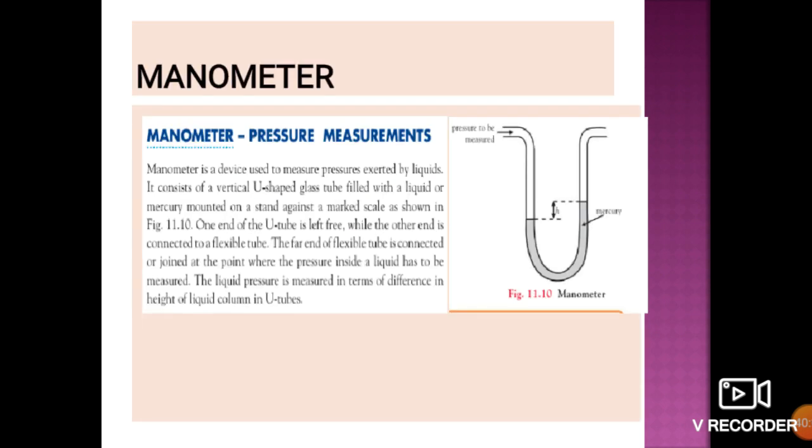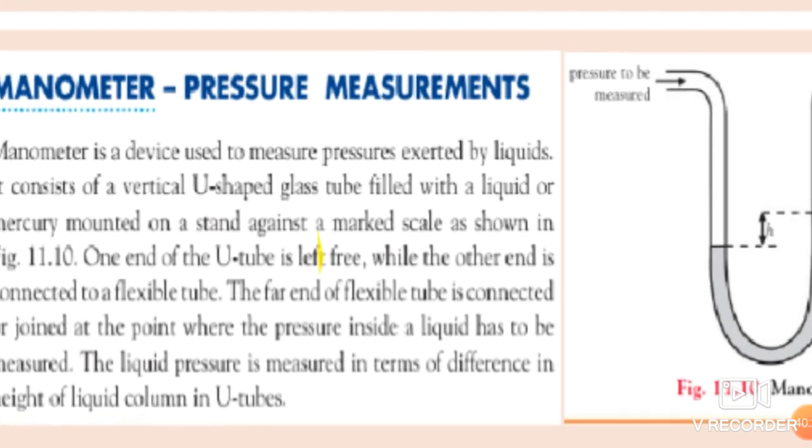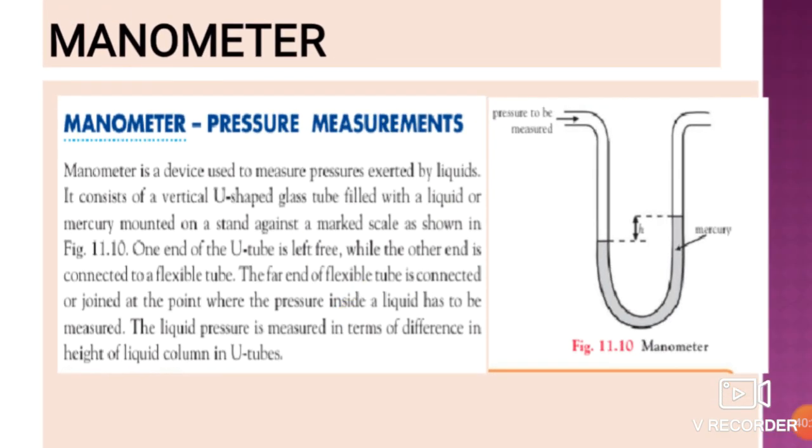Now the next one is the manometer. So what is a manometer, students? Just revise over here. Manometer is the device which is used to measure the pressure exerted by the liquid.